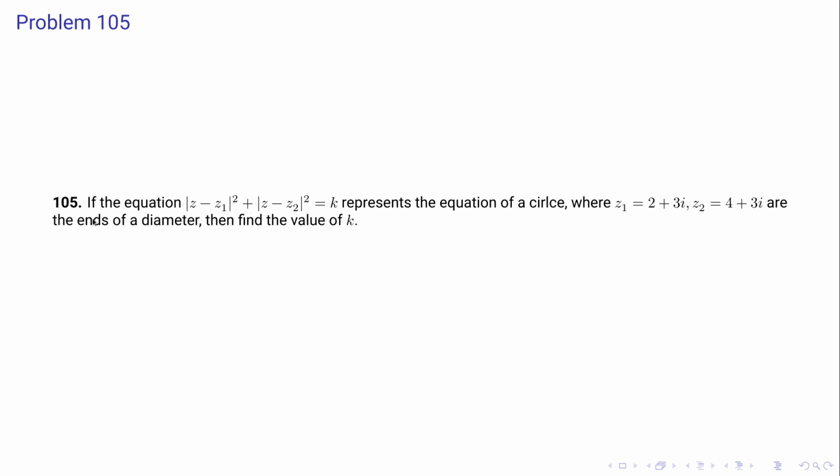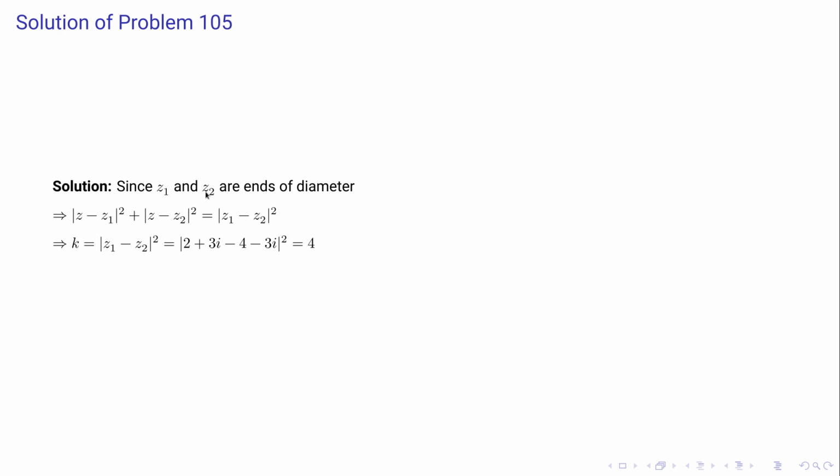Problem 105 says that if the equation mod of (Z minus Z1) whole square plus mod of (Z minus Z2) whole square is equal to K represents the equation of circle where Z1 is equal to 2 plus 3i and Z2 is equal to 4 plus 3i are the ends of a diameter, then find the value of K. So if Z1 and Z2 are ends of diameter, then you assume a circle, you have a diameter and a point Z on the perimeter, that is then the diameter will make an angle of pi by 2.